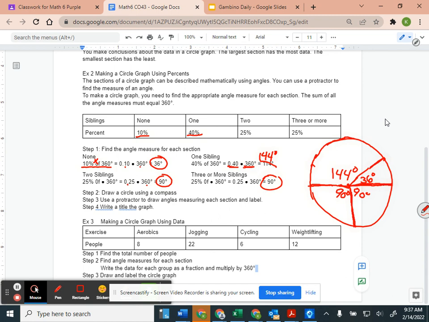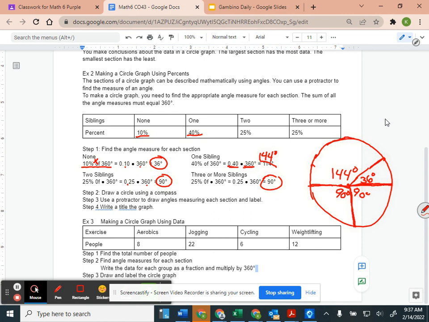So if they're telling us there's 8 people that did aerobics, 22 did jogging, and 6 did cycling, and 12 did weightlifting, how do you think we can find the percentages? Think about what we just did. 8 is what percent of our total number?